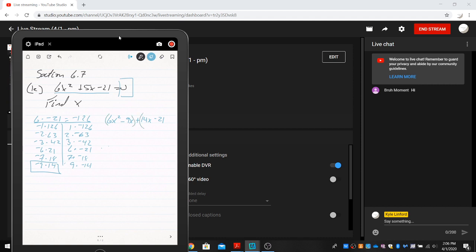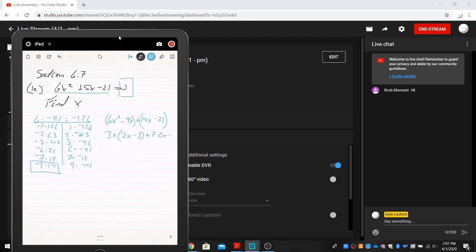Now I can group the pairs together and factor this by grouping because it's a 4-term polynomial. Let's find the GCF for the first group. It looks like it's just a 3x. So we're left with 2x minus 3. And then for the next group, 14x and negative 21, it looks like 7 is the GCF there.